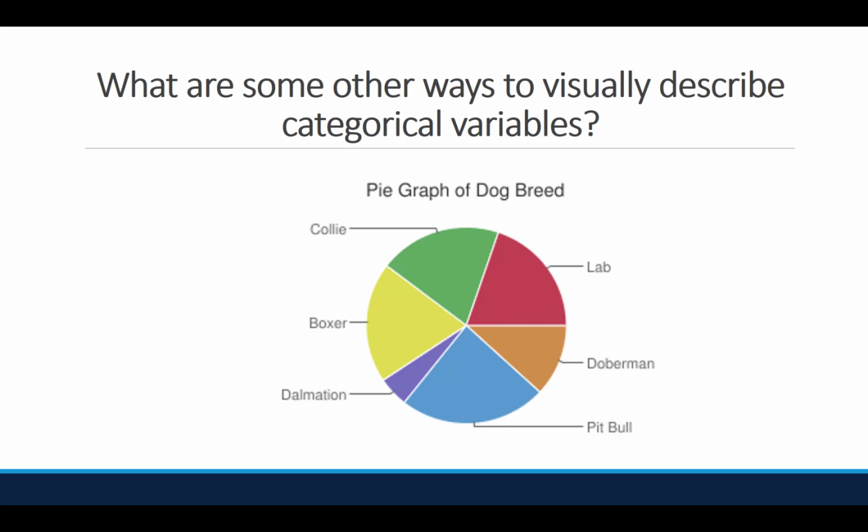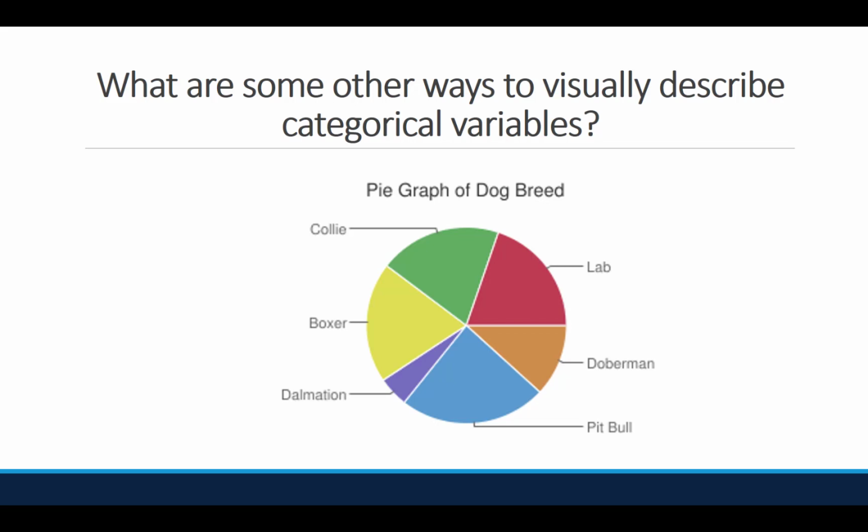There are many ways to create pie charts. Most statistical software will create pie charts, including Excel, SAS, and R. So looking here at the pie chart, notice that each of the different breeds in our data set has a piece of the pie associated with it. The size of the slice depends on the frequency of each of the categories.